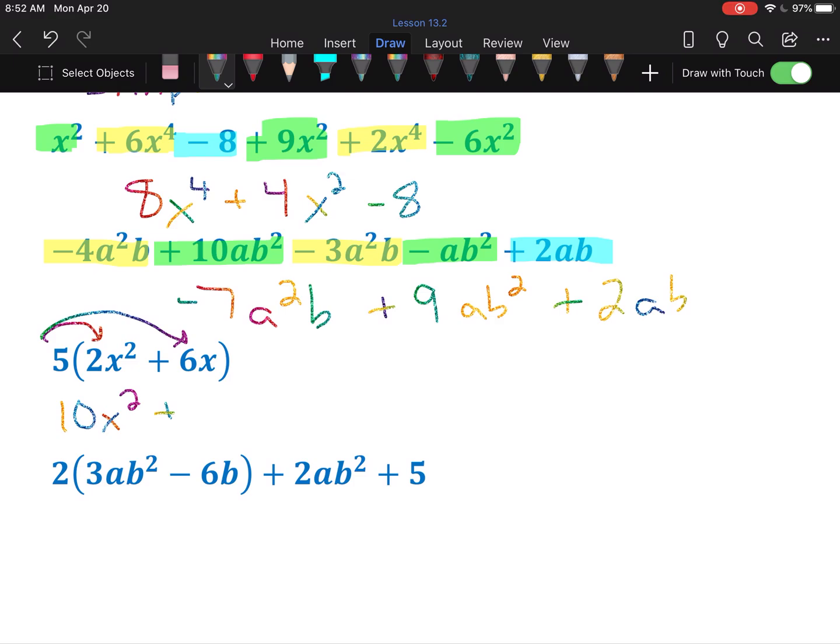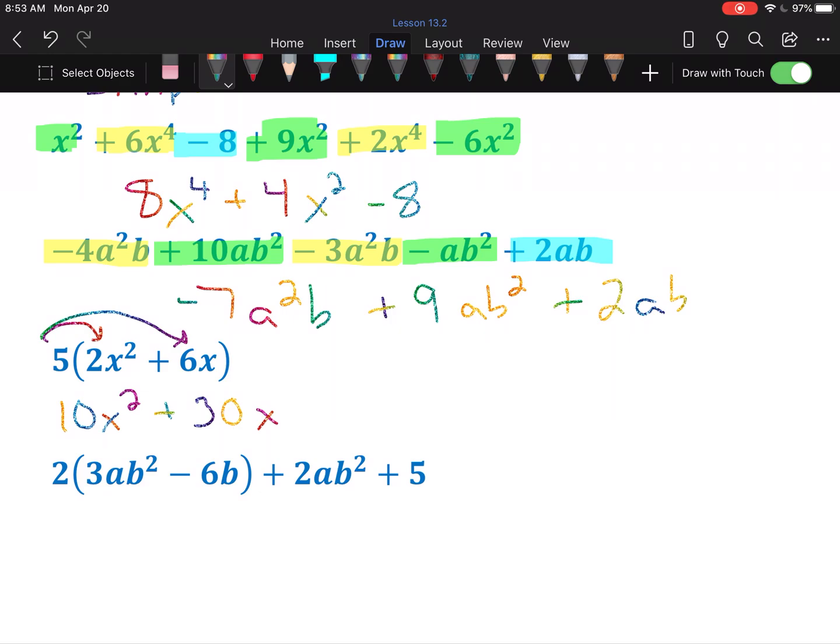And 5 times 6x is 30x. If there's distribution to be done in a problem, it must be done first. You cannot solve or simplify things when one is in parentheses and one is not.